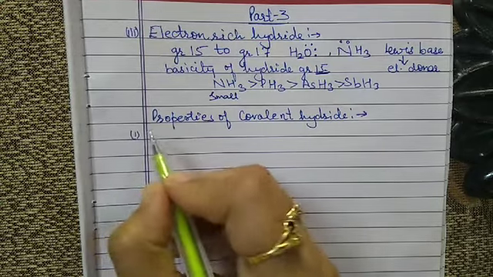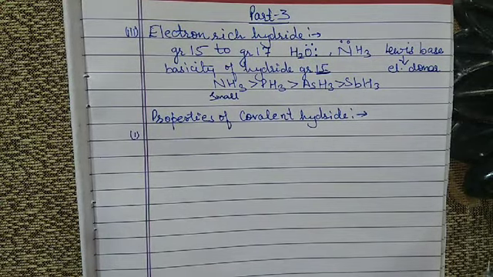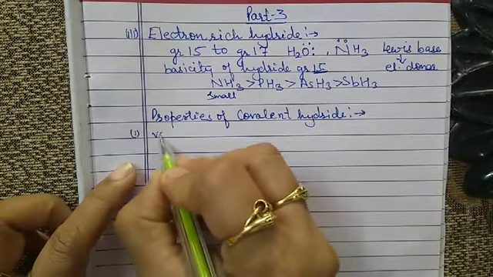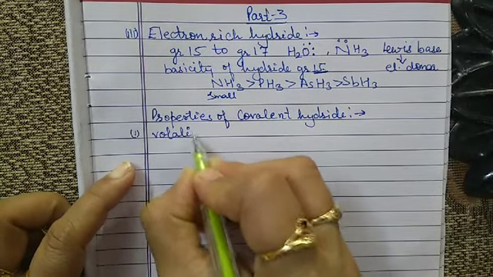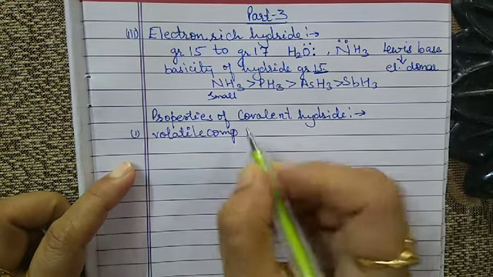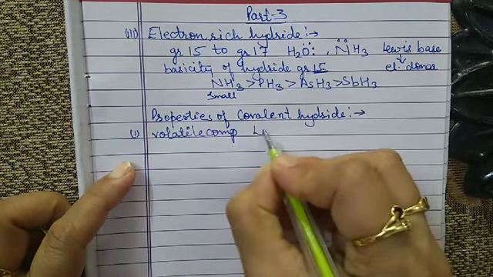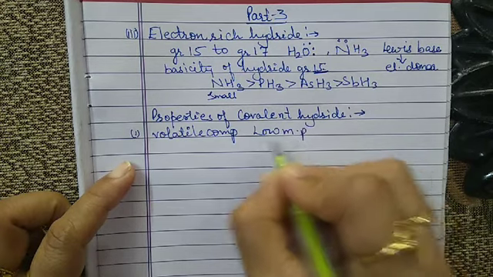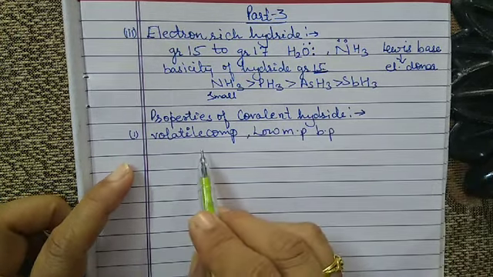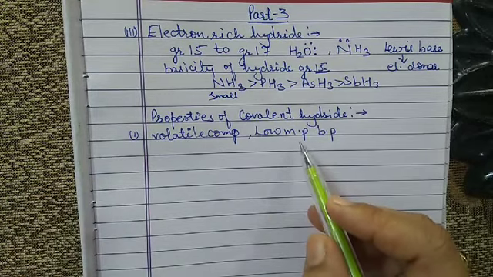The first property is that they are generally volatile compounds with low melting points as well as low boiling points.